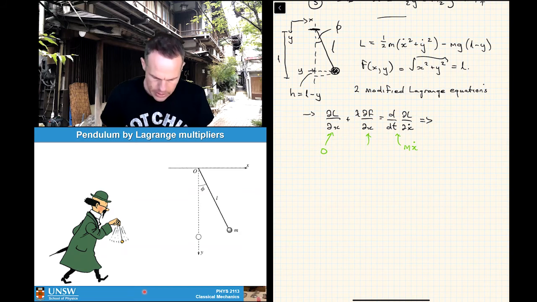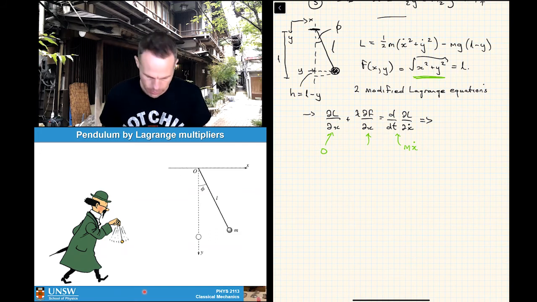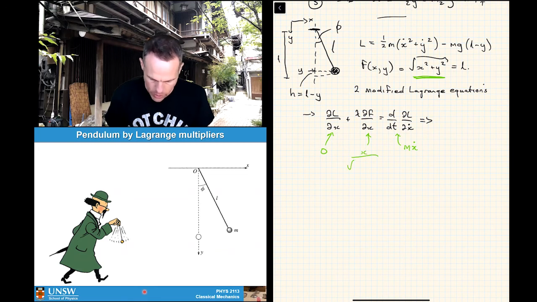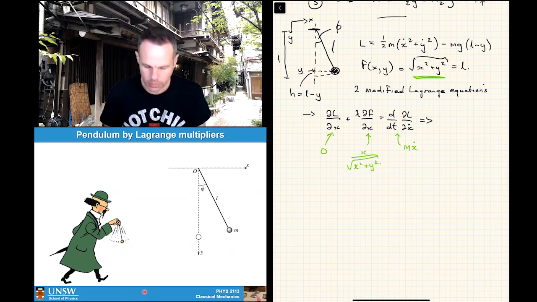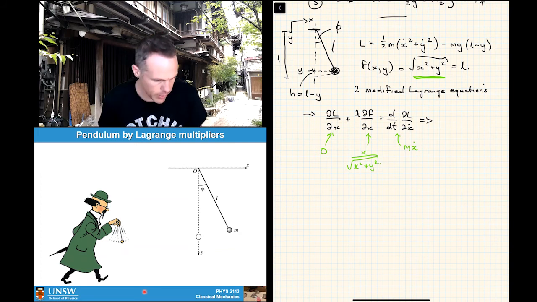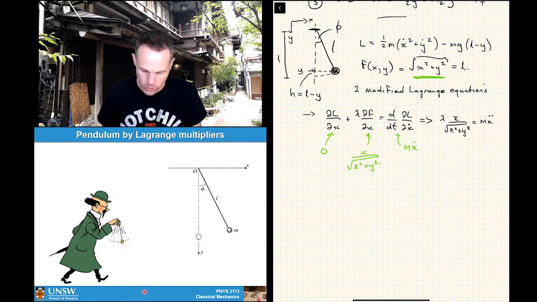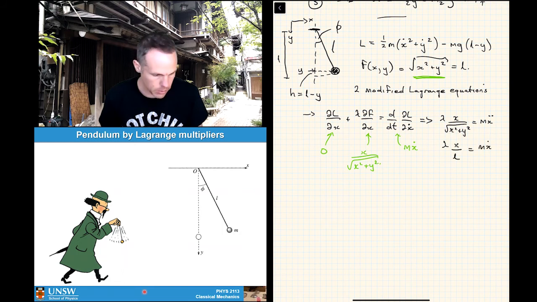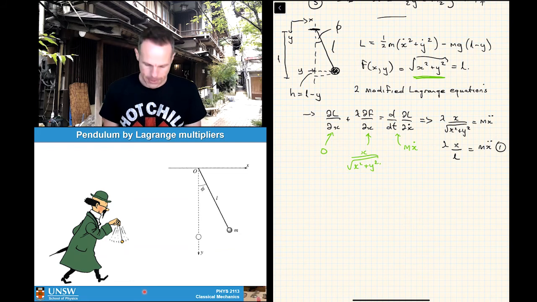And then df/dx is the derivative with respect to x of this thing, and so it is just x over the square root of x squared plus y squared. I'll let you confirm that for yourself, I'm going to jump straight over that step. So this is lambda times x over the square root of x squared plus y squared equal to m x double dot. And of course, x squared plus y squared is just L, so we could write this as lambda x over L equal to m x double dot. Let's call this equation 1, okay?